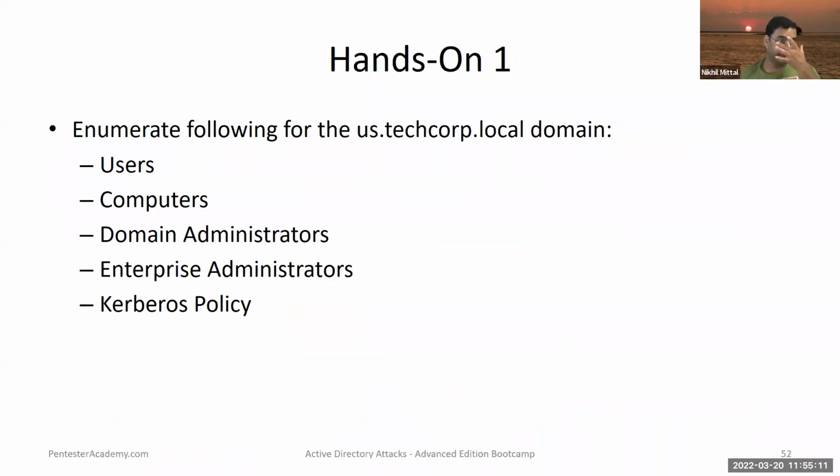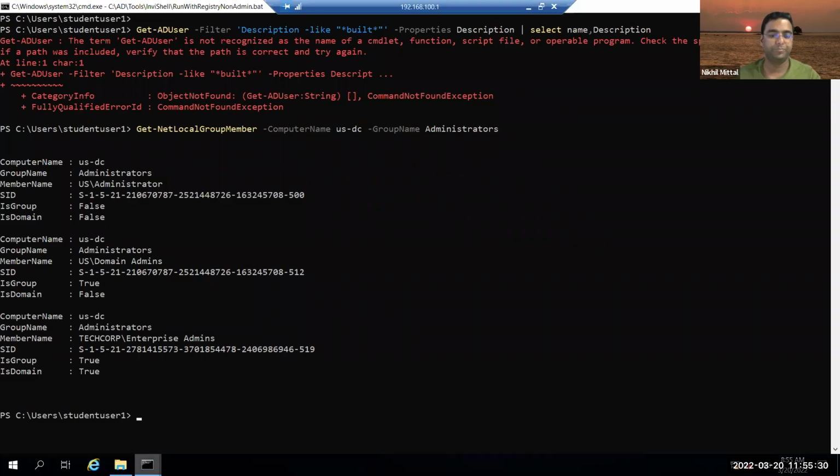With this, we are now ready to do our hands-on one. Enumerate the following for the us.techcorp.local domain: users, computers, domain administrators, enterprise administrators, and Kerberos policy. We've done all of it, but let me do it quickly so that it acts as a refresher as well.